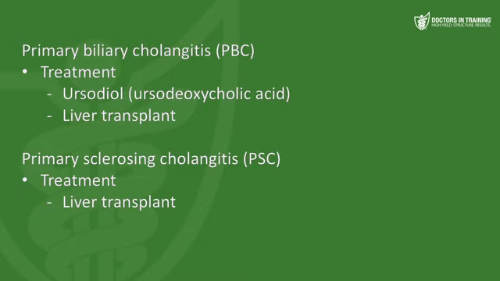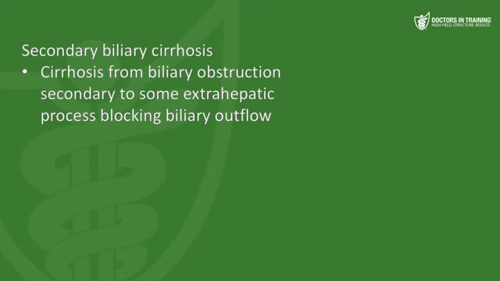Now that we've talked about the primary contributors to biliary cirrhosis, PBC and PSC, let's talk about the secondary causes of cirrhosis. Secondary biliary cirrhosis means there is biliary obstruction secondary to some other process, specifically and most commonly an extrahepatic process that's blocking biliary outflow, sometimes due to pregnancy, neoplasm, gallstones, biliary stricture, or pancreatitis.